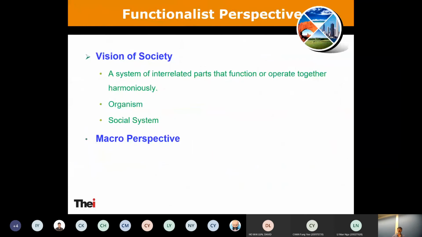So very often when we talk about functional approach, we talk about macro perspective, which means that we want to talk about the function of our society, because we view our society as a whole. And then we view different agents as one of the parts of our social system, just like our organs.